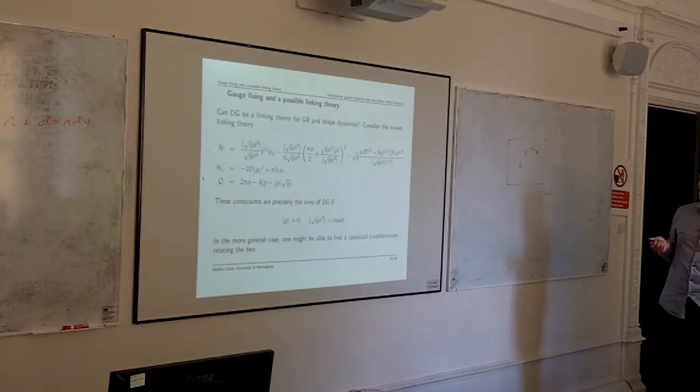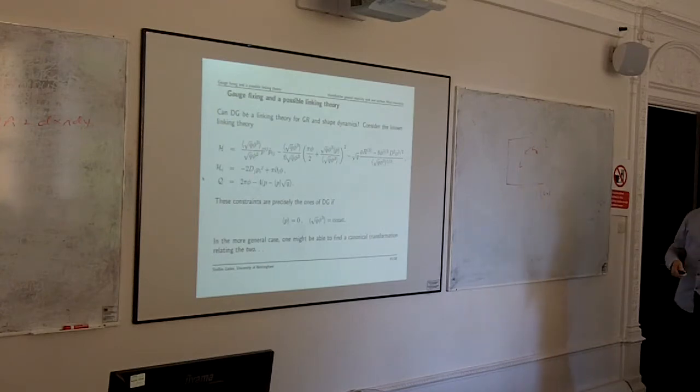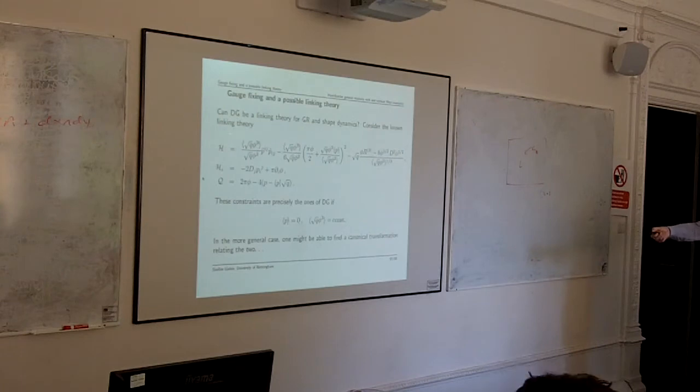So you have again a theory of a spatial metric, a conjugate momentum, a scalar field, and a conjugate momentum for the scalar field. You have a diffeo constraint, you have a conformal constraint, and you have a Hamiltonian constraint. And these constraints involve these kind of spatial averages here, right? As they usually do in shape dynamics.